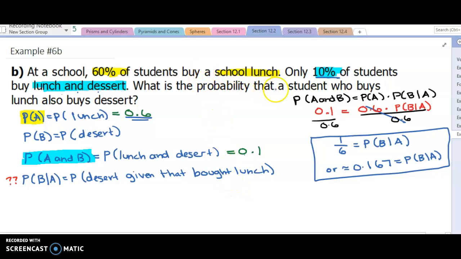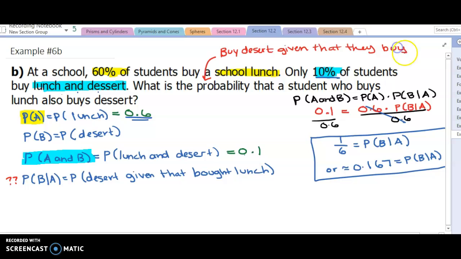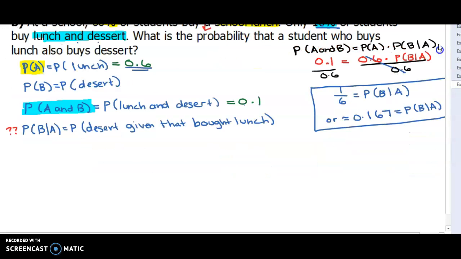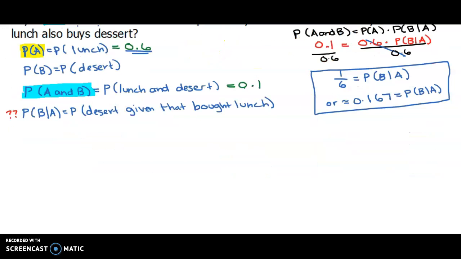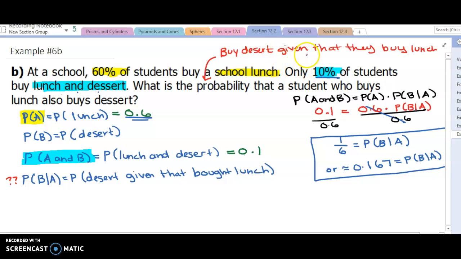What I want to find is the probability that a student who buys lunch also buys dessert, so the probability that they buy dessert given that they buy lunch. We don't care about all the others. We could also write that as the probability of B given A.